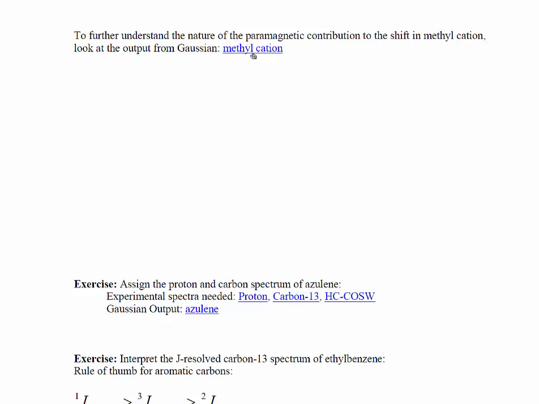So let's take our methyl cation example here, where I tried to explain this very deshielded paramagnetic term greatest case, and look at how the details of the calculation can confirm these arguments that I've presented so far.